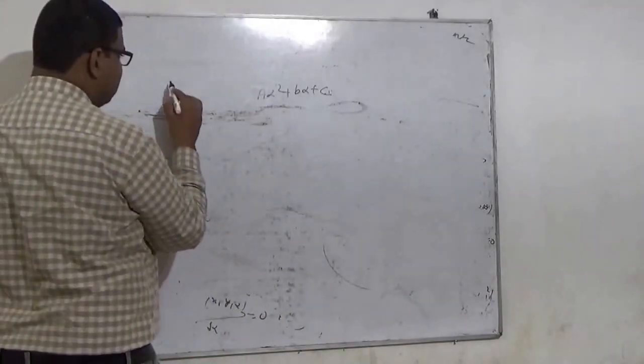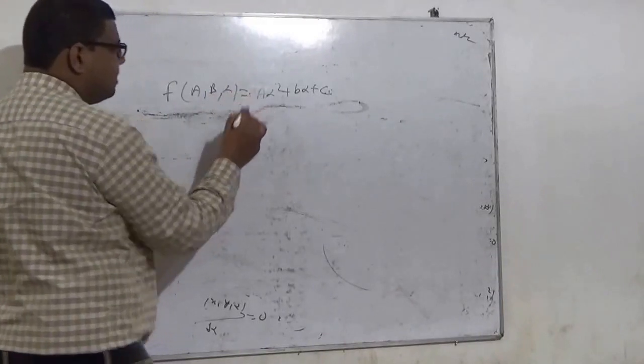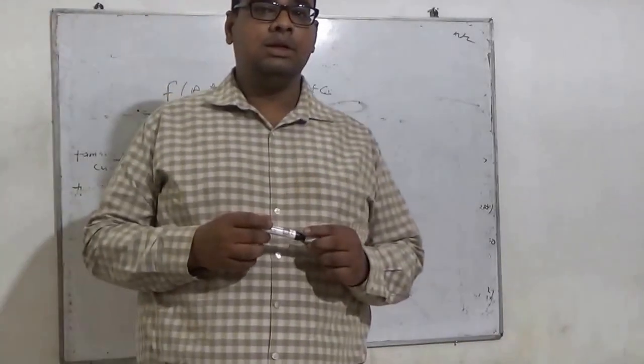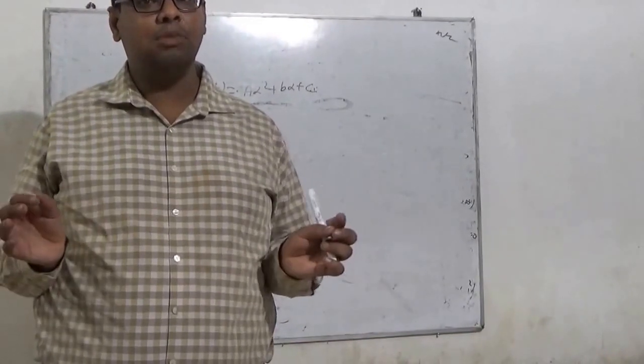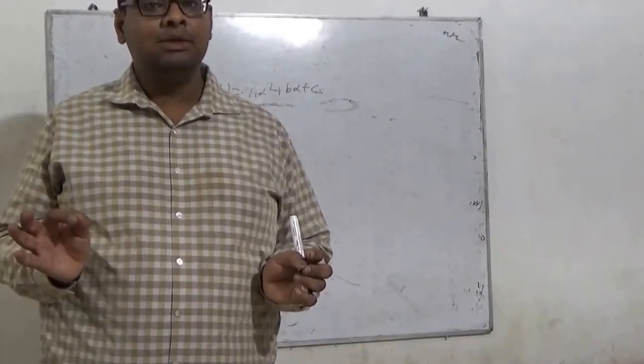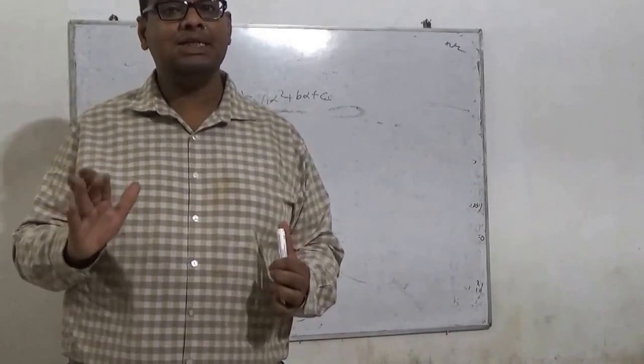I can say that f(a, b, alpha) is the quadratic equation, or the family of curves or straight lines, in which the quadratic equation is in terms of the parameter alpha.